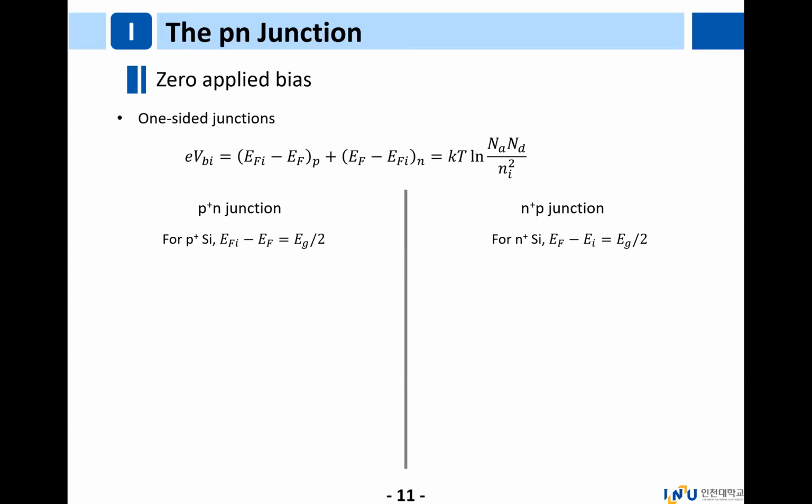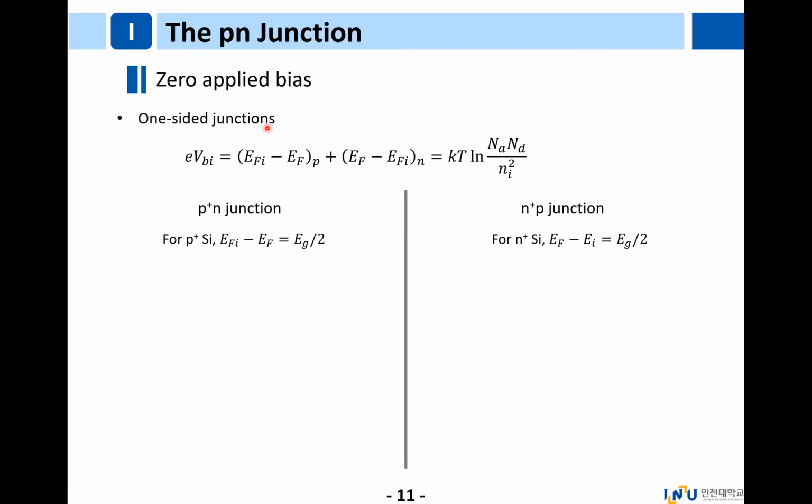Finally, let's examine the p-n junction referred to as one-sided junctions and conclude the class. A one-sided junction implies a p-n junction where one of the p-type or n-type semiconductors is highly doped to the extent of being degenerate, resulting in a significant difference in doping concentration between the two semiconductors.